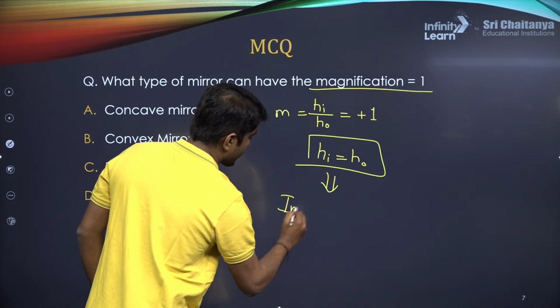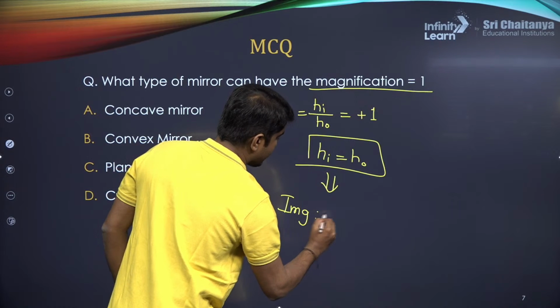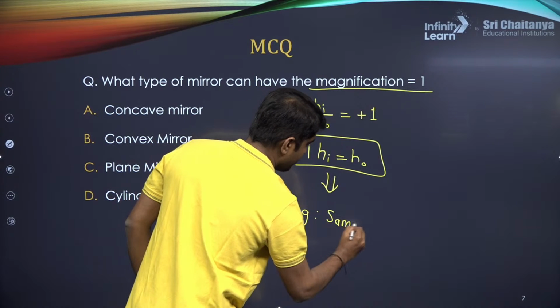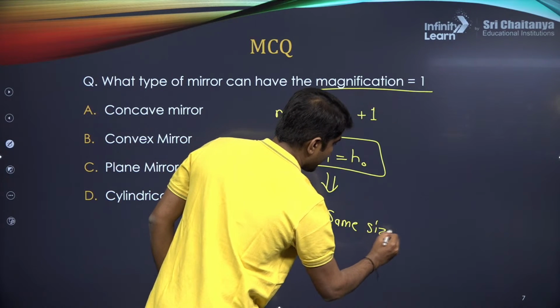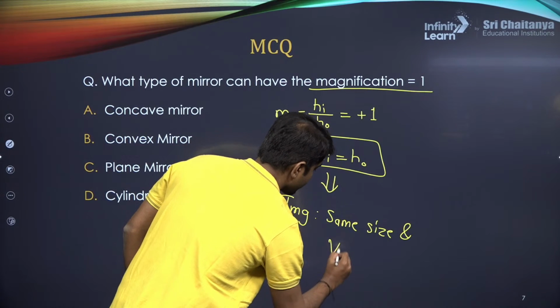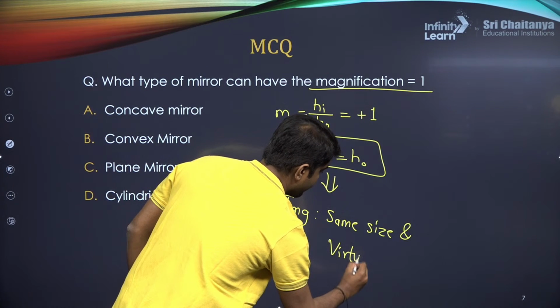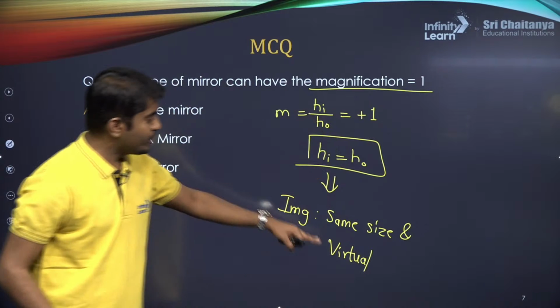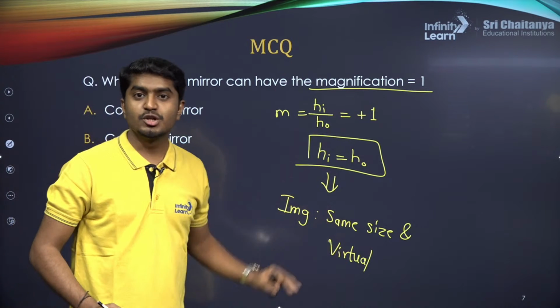सो इसका मीनिंग ये है इमेज has same size and it is a virtual image. So when do you get same size and a virtual image?